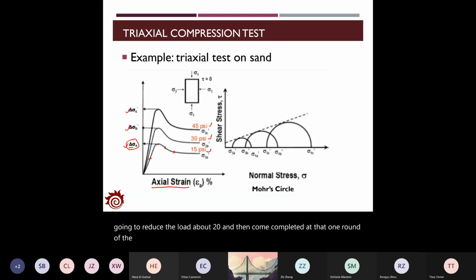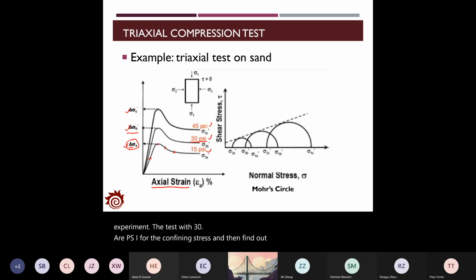Next you will prepare the sample again and conduct the test with 30 psi for the confining stress, and then find the maximum deviator stress, and similarly we'll apply the 45 psi confining stress.